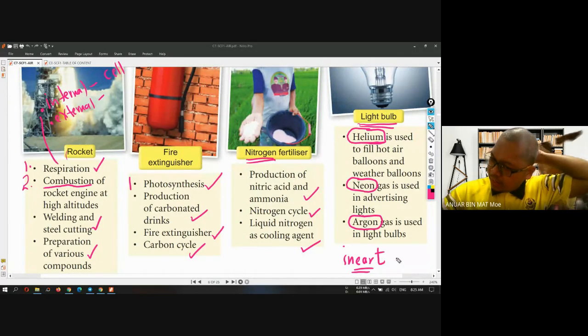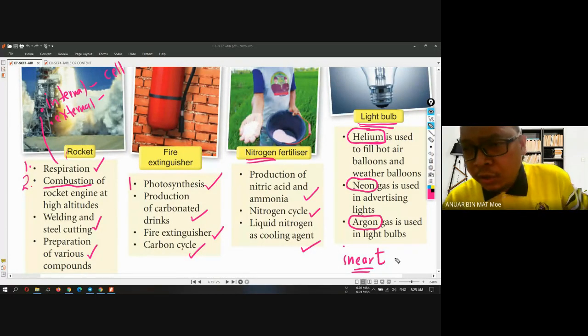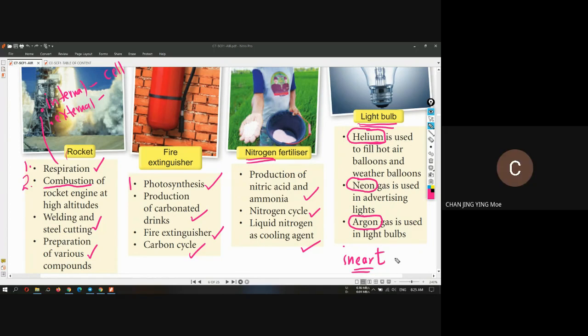Can you understand me, class? Inert gas means it will not respond to any combustion. It will not respond to fire. Inert. Okay. When there is fire, it will not explode, or it will not help in combustion. This is what we call inert gas. Okay, class? Can you understand this? Yes. Okay. All right.